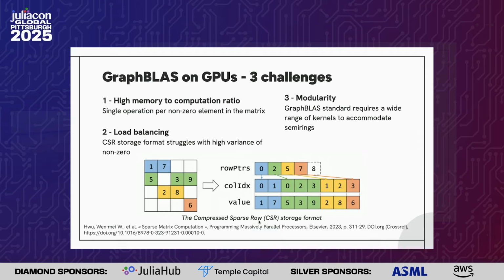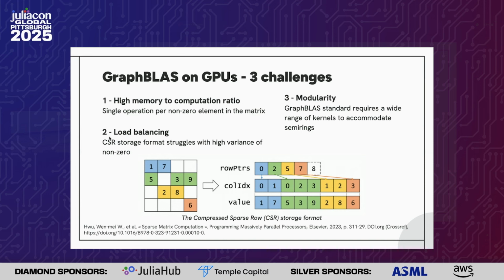So here you have the compressed sparse row format. When we're doing matrix vector multiplication, we're going to be reading the entire sparse matrix once and using each number for one multiplication, and then one addition, and that's all. So it's very easy for us to be bottlenecked by the GPU's memory bandwidth.